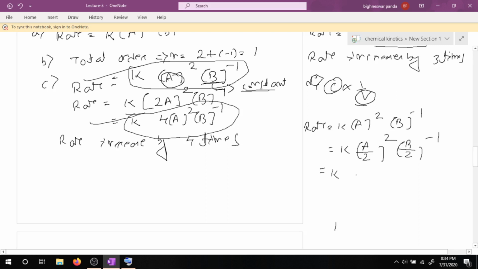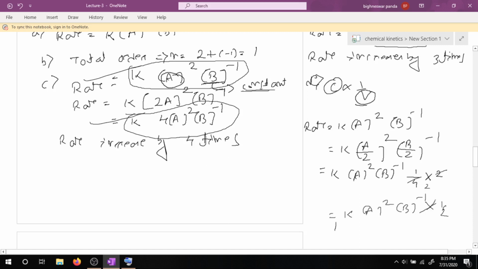So here K into A raised to power 2 and B raised to power minus 1, I can say that 1 by 4 into 2. So 2 into 2 is 4. So K into A raised to power 2 B raised to power minus 1 into 1 by 2.